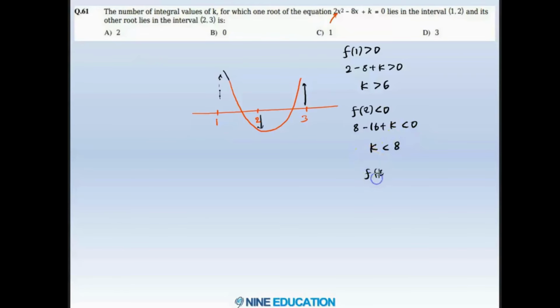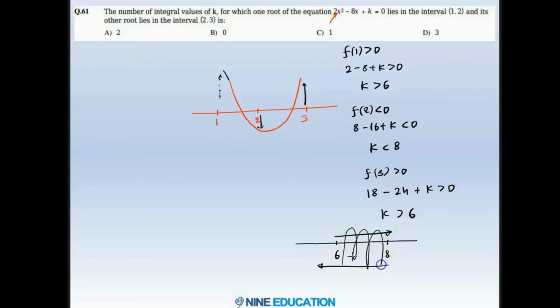At last f(3) must be positive, so it will be 2 into 3 square, which is 18, minus 24 plus k, again positive, so k is greater than 6 again. So finally if you club all this together, k is greater than 6 and at the same time less than 8. So the common portion is 6 to 8.